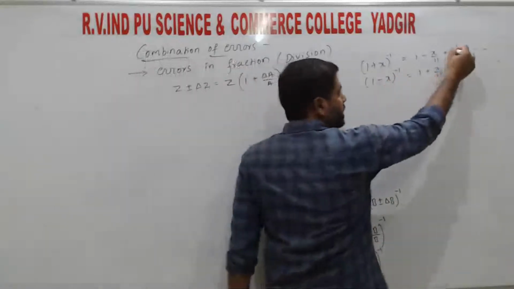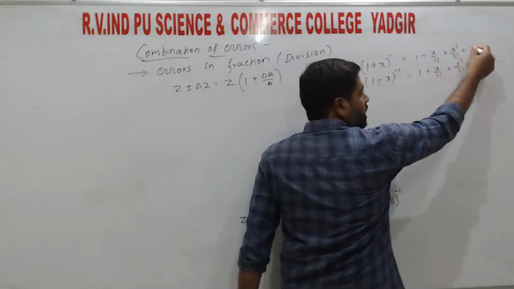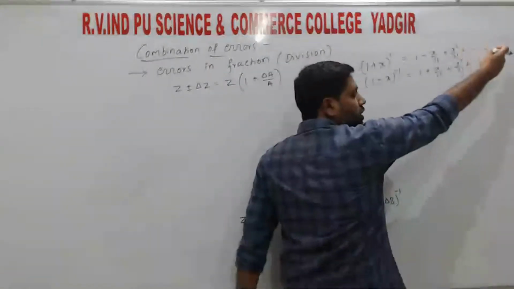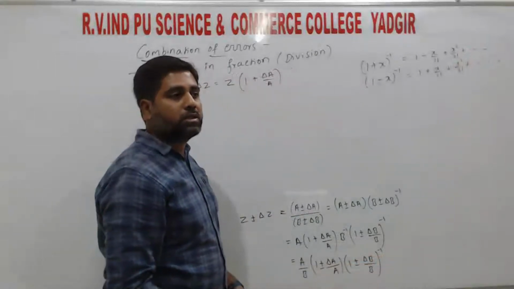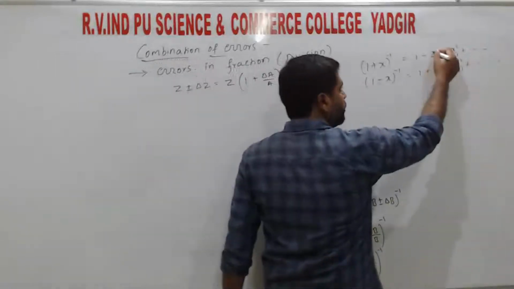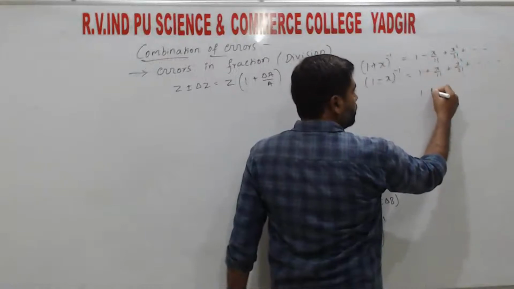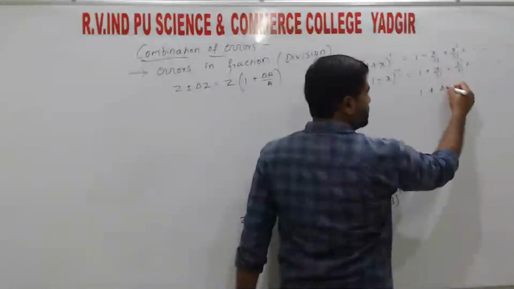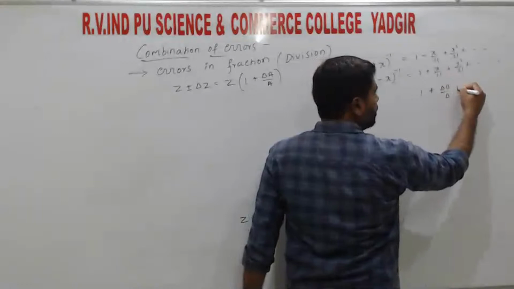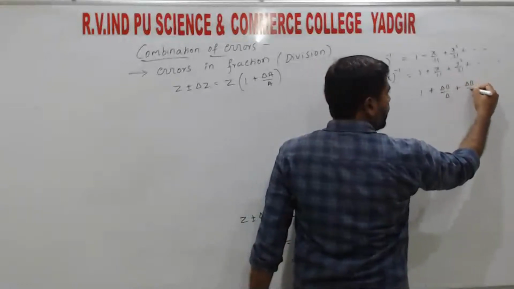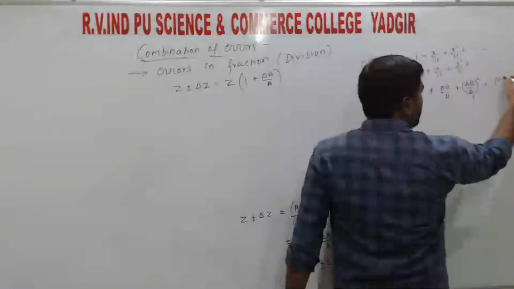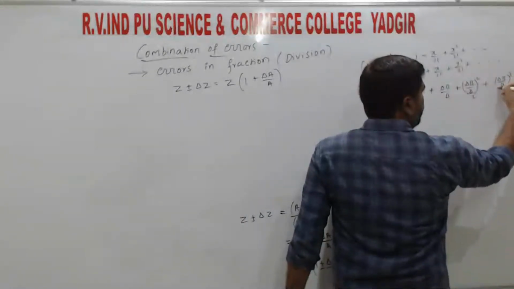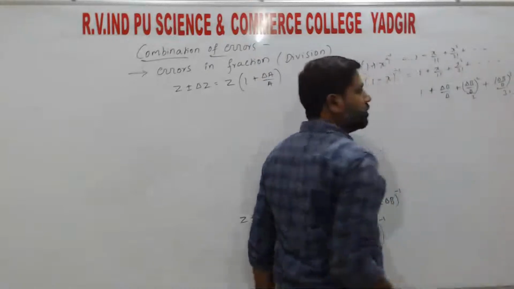So here x square, x cube, next x power 4, that means the delta B value keeps getting smaller. For example, from the beginning 1 plus delta B by B plus delta B by B whole square by 2 plus delta B by B whole cube by 3 factorial, right?